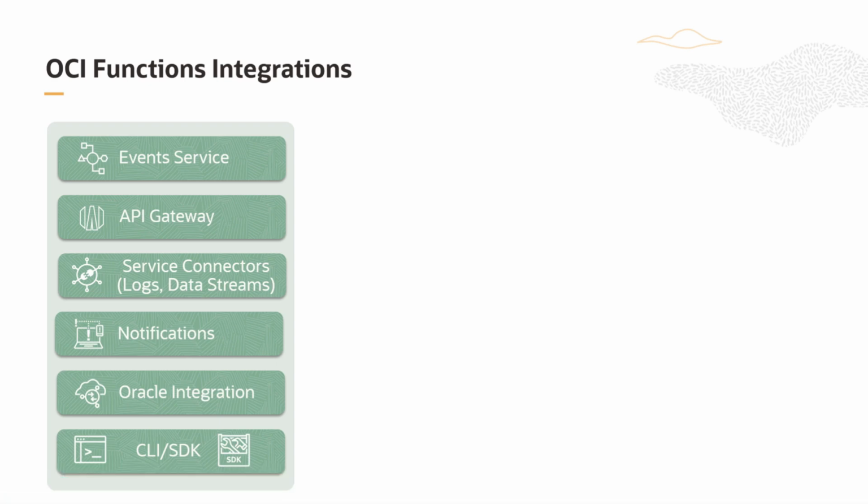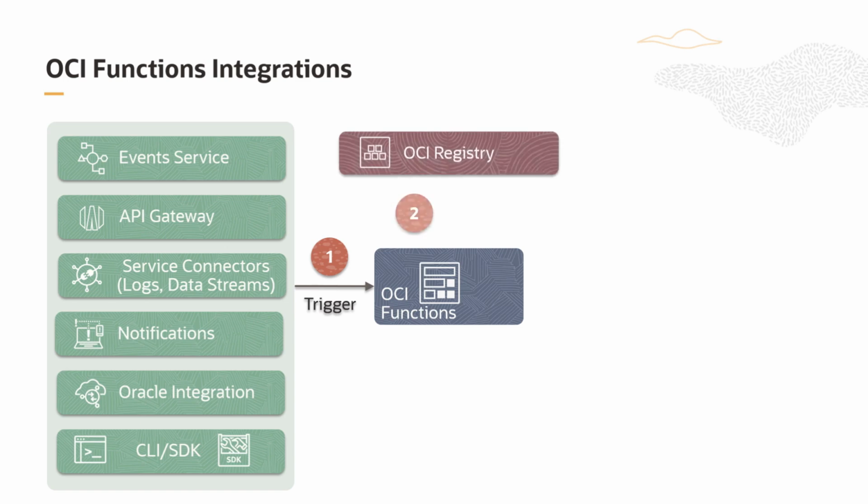Additionally, you can manually trigger functions using the CLI and the SDK, giving you flexibility in how and when your functions are executed. Once a function is triggered, OCI Functions pulls the corresponding Docker image from the OCI registry and starts the function container. This allows for efficient and scalable execution of your code.